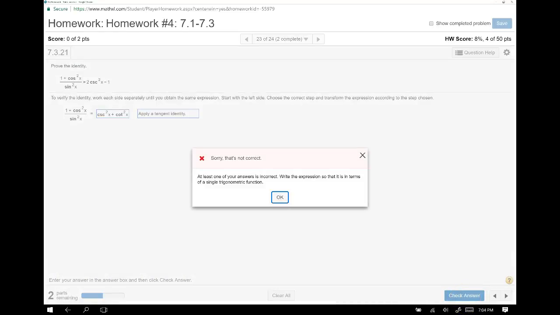At least one of your answers is correct. Write the expression so that it is in terms of a single trigonometric function. A single trigonometric function. I'm just looking through my identities right now.